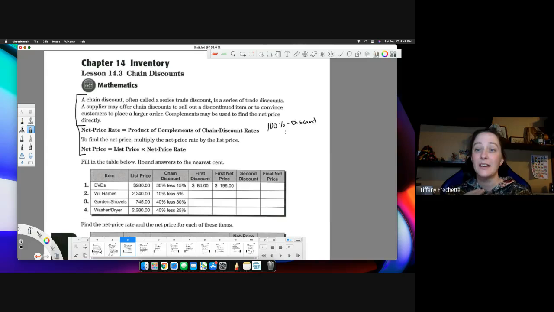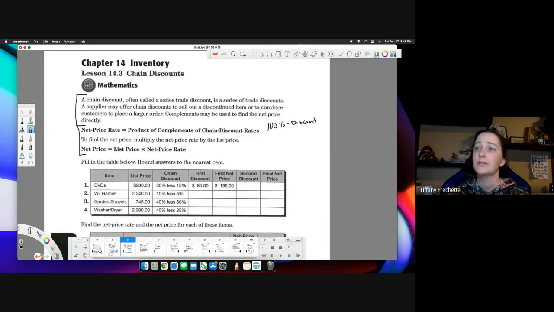Complement means it's the amount you're going to pay as opposed to the amount I get to discount or take off. So it's just a difference in calculations there. But we need the discount anyway. So whether we calculate it based on the discount percentage or the complement, we're going to need the discounted amount because they actually want to see that. First discount, second discount. They don't want to just jump straight to the net price.